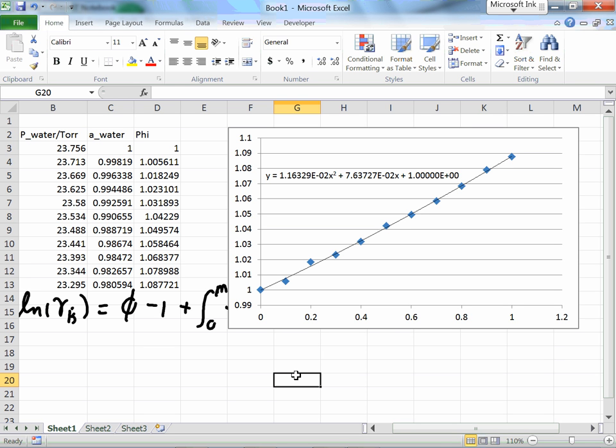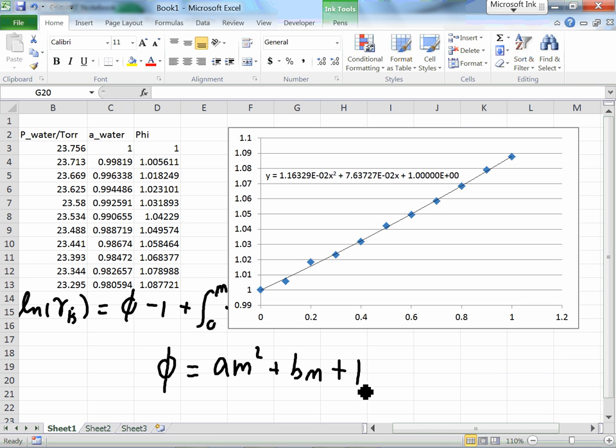You can do more than just second order; you can go third order if you want. Our phi is then equal to am squared plus bm plus 1.